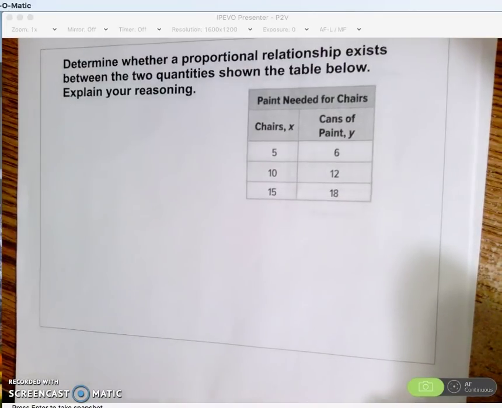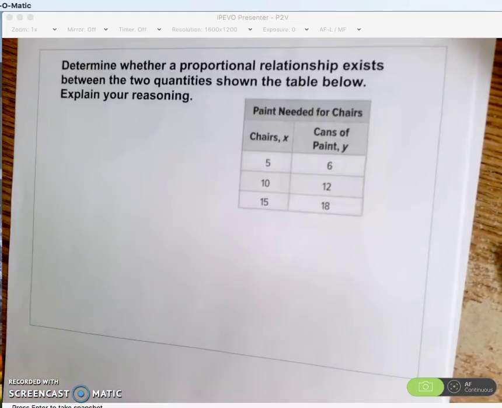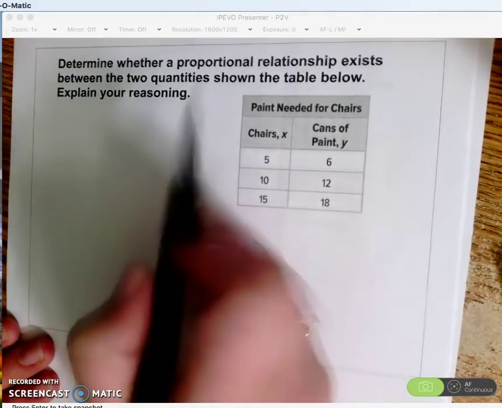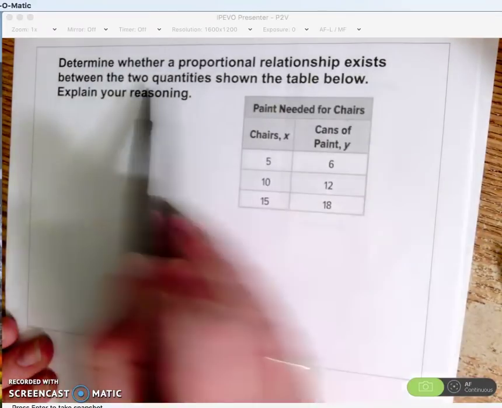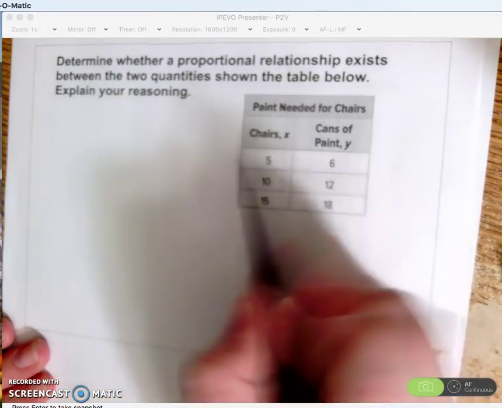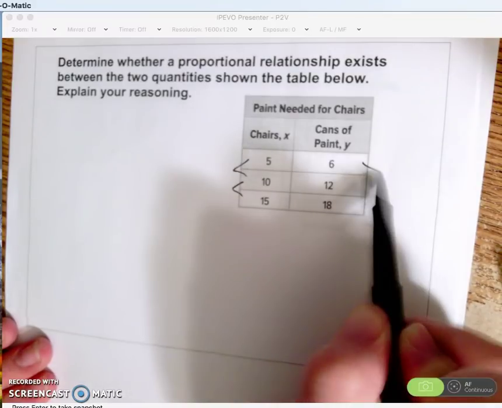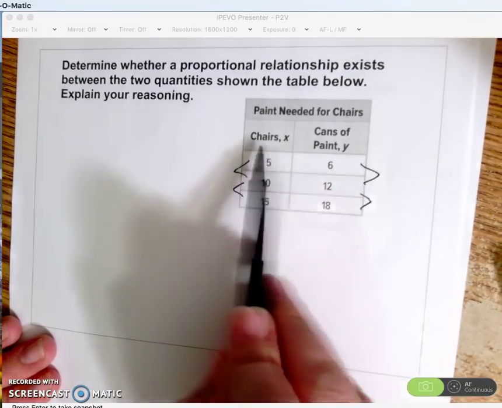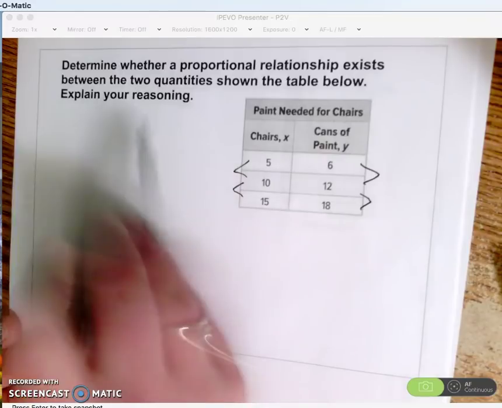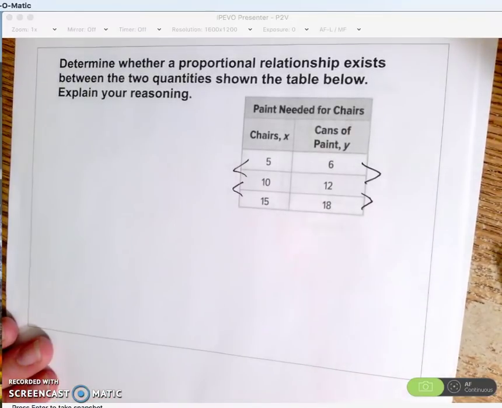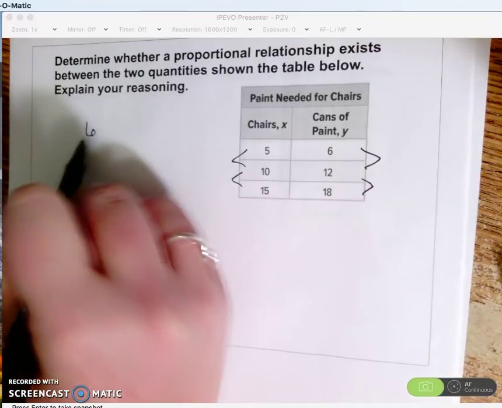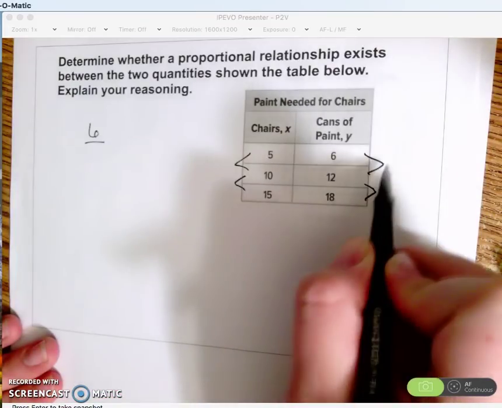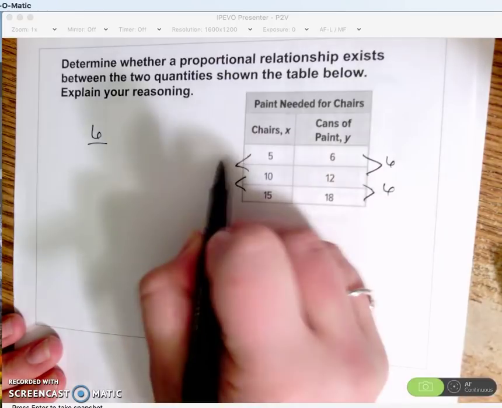Okay, let's do another one. Determine whether the relationship is proportional. Determine whether a proportional relationship exists between the two quantities shown in the table. So we're going to also be able to explain. This is going to be our same one from yesterday, but we're going to determine if it has a proportional relationship now. So yesterday we decided that it was six cans, because remember we're adding 6 each time.